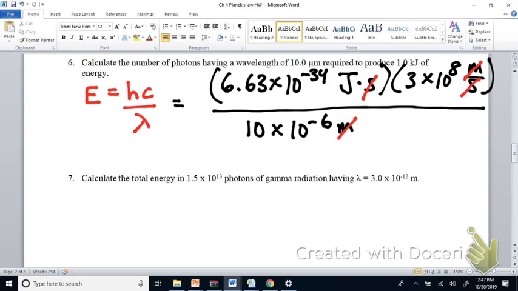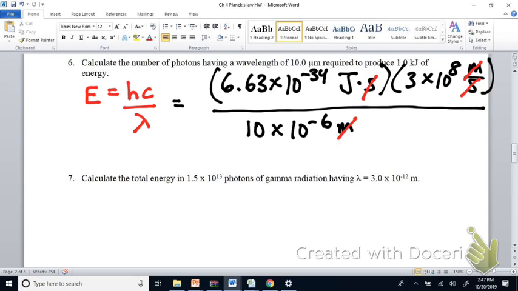So 6.63 times 10 to the minus 34 times 3 times 10 to the 8 divided by 10 times 10 to the minus 6.